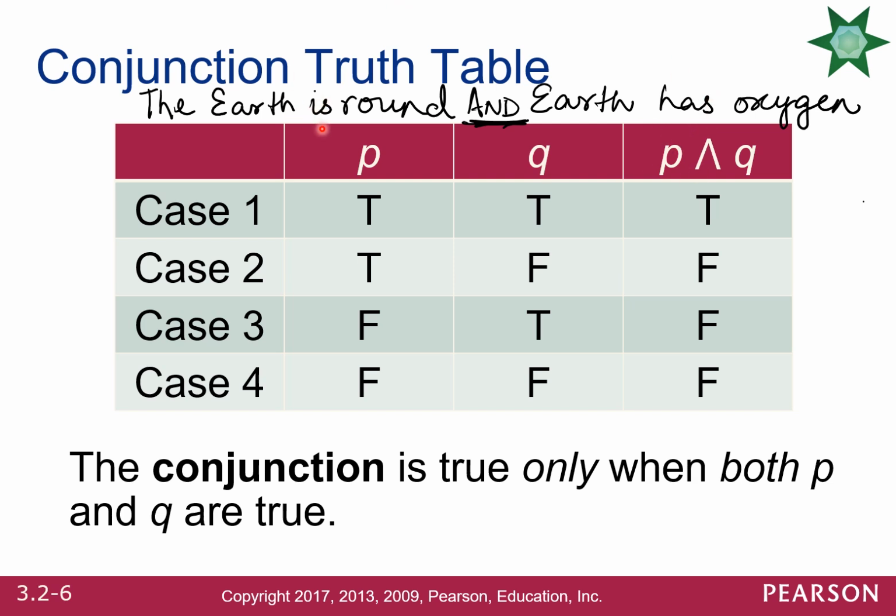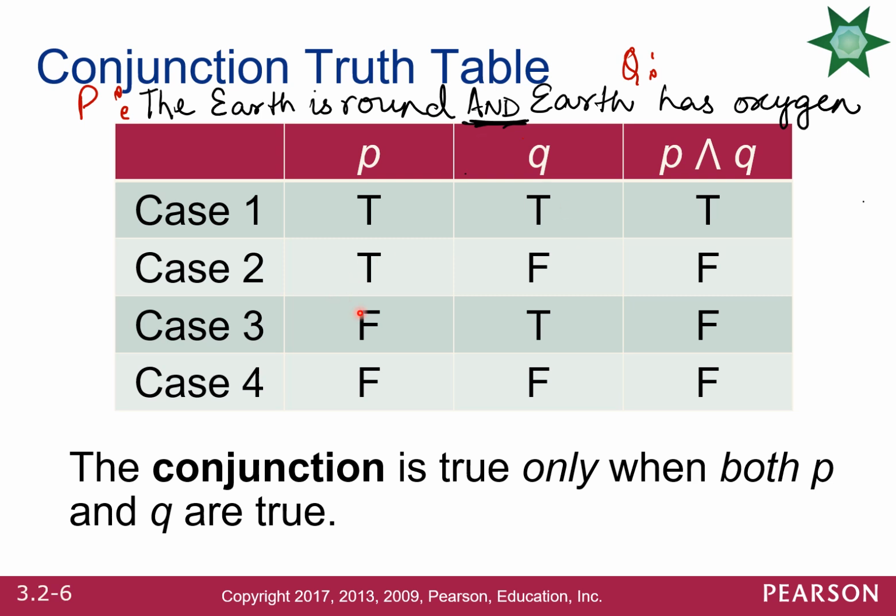So this is a P, and the second statement is a Q. In this case, both P and Q are true. So that makes it a true statement. The earth is round and earth has oxygen, of course. So this is a true statement.